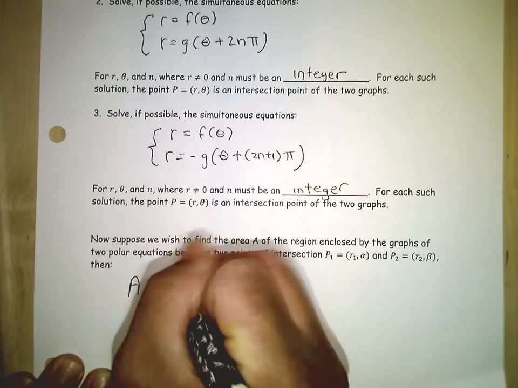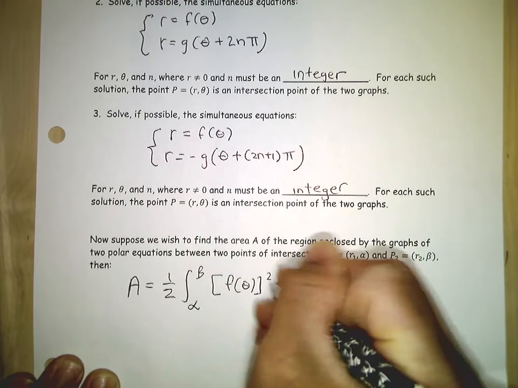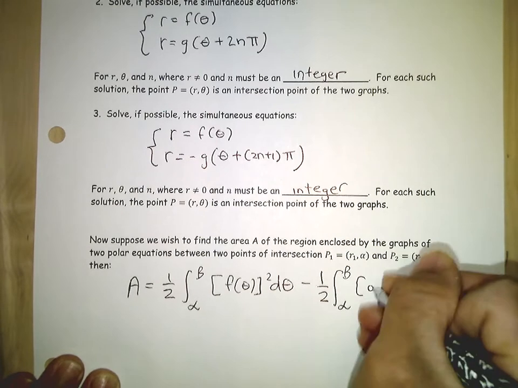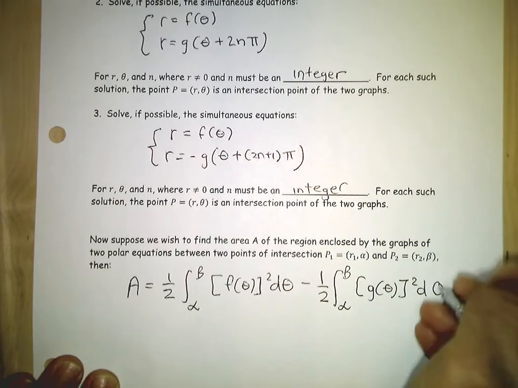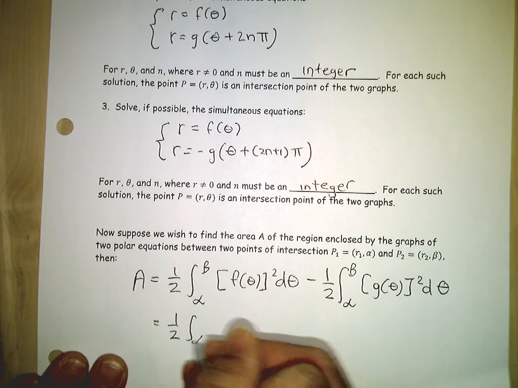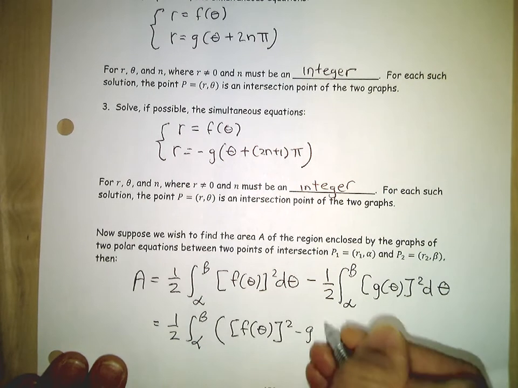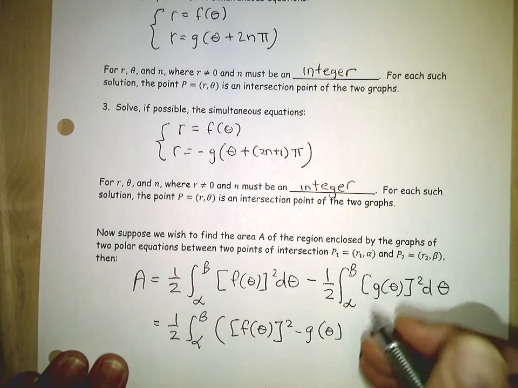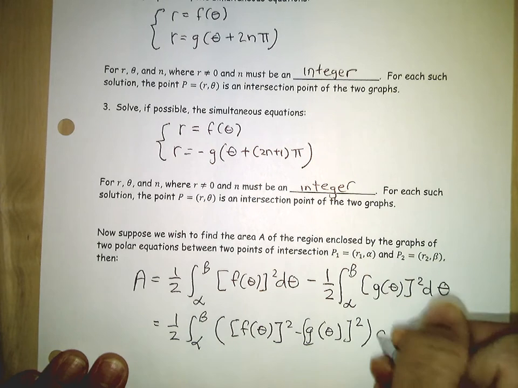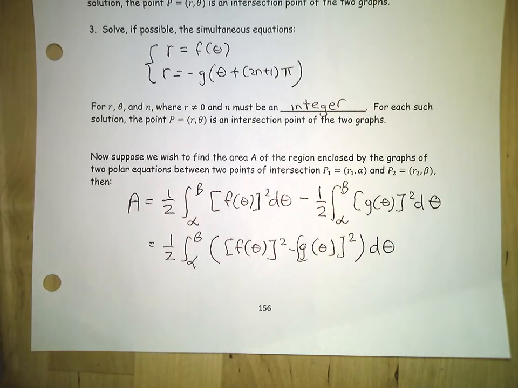Then the area is 1/2 integral from alpha to beta of f of theta squared d theta minus 1/2 integral from alpha to beta of g of theta squared d theta, and this will be 1/2 integral from alpha to beta of (f of theta squared minus g of theta squared) d theta. So try to remember this for the rest of your life, please.